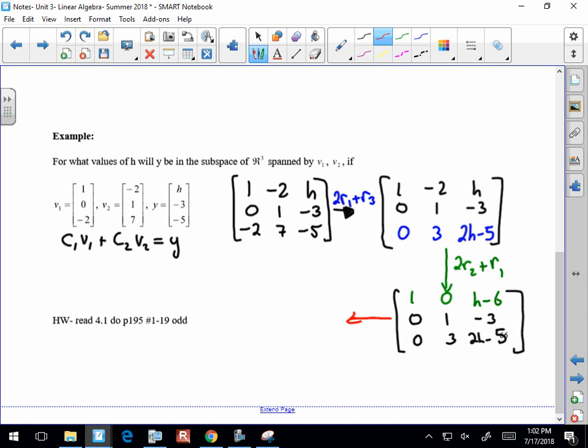As we know, in order to show a linear combination or a vector span a space, a subspace in this case, we just need to show that a solution exists. So we have our two pivot values, so I want that 3 to go away. So I'm going to do a negative 3 R2 plus R3.